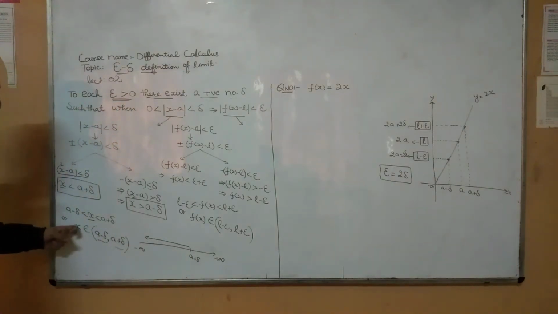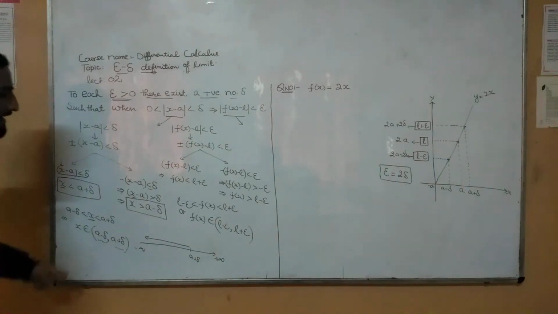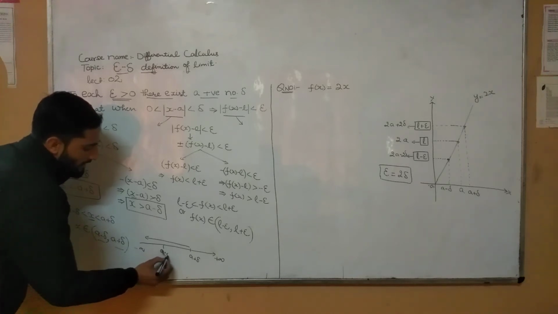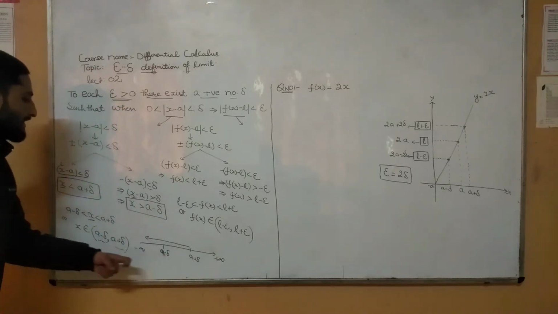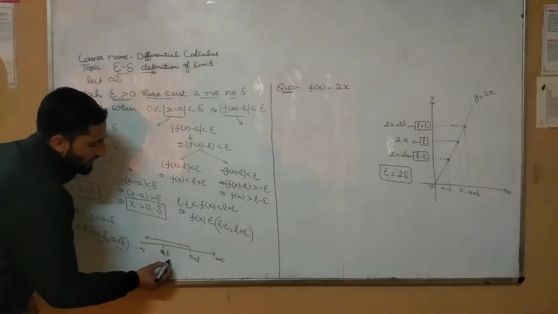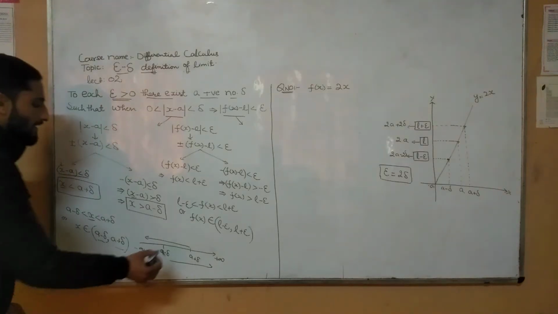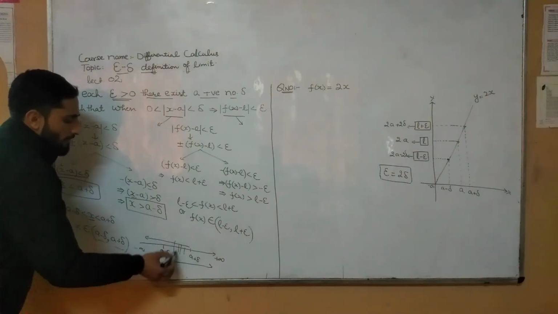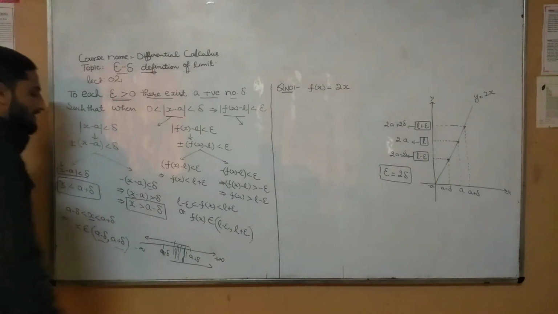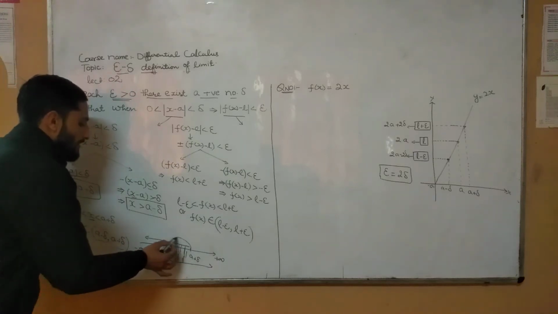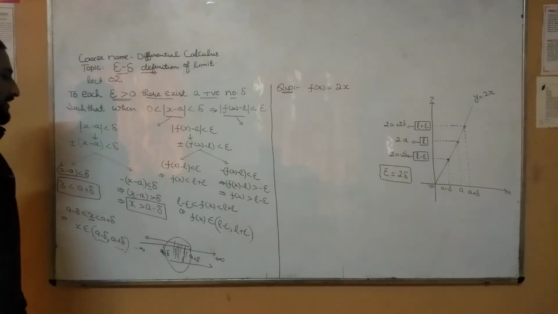Now x greater than a minus delta, we talk about a minus delta, greater than this, on this side. What is the common part here? This is the common part in the middle. This is the common part of x. It means x lies in between these two particular points.